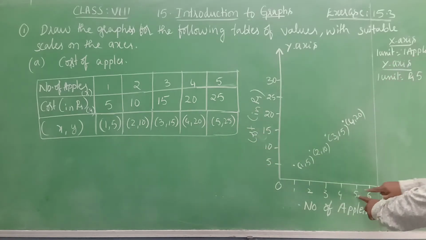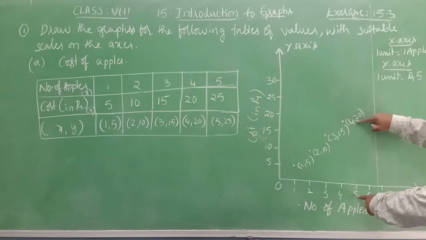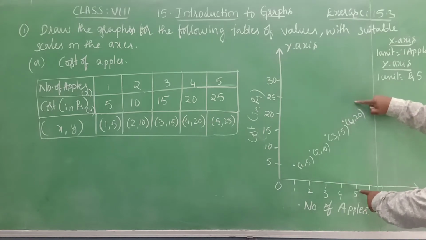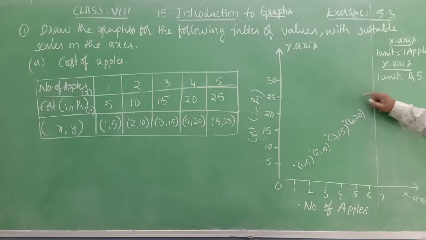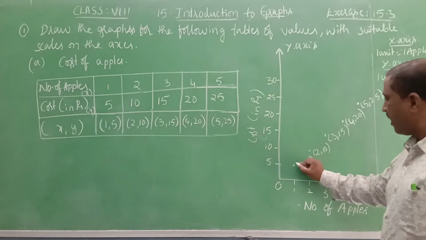That is x is equal to 5 and y is equal to 25. Where they intersect, we write this point as 5, 25.